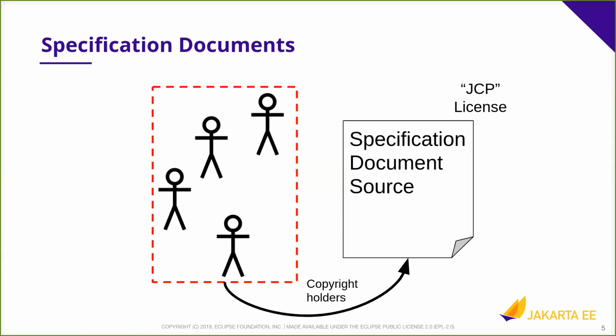Essentially, anybody who was on an expert group associated with a specification JSR could potentially own copyright in these documents. And in order to change a license into a form that we can use, we need their input, their permission to do so.